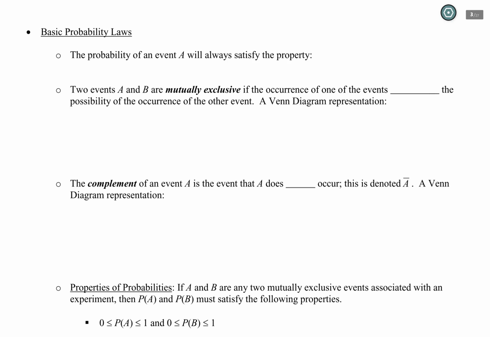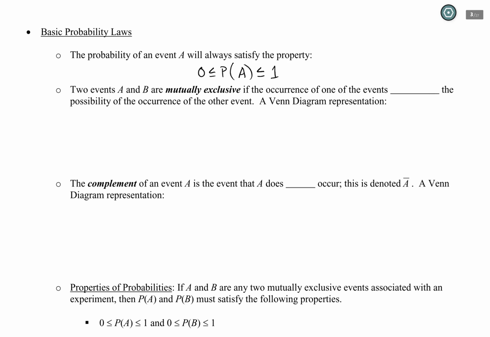Okay, but starting off, when we think about probability, it makes sense that the probability of some event A, that is the chance that A will occur, is always bigger than or equal to 0, so I'm going to write it that way. That is, 0 is less than or equal to the probability of A, which is less than or equal to 1. It makes sense that the chance of A is bounded between 0 and 1. And mathematically, that's how we're going to think about probability.